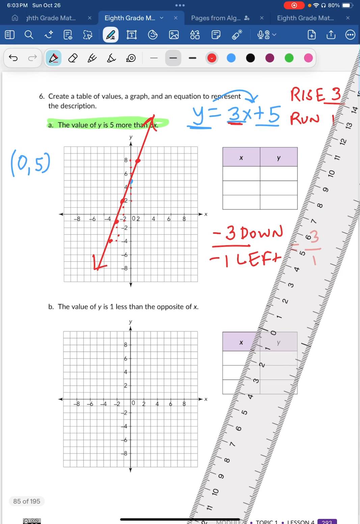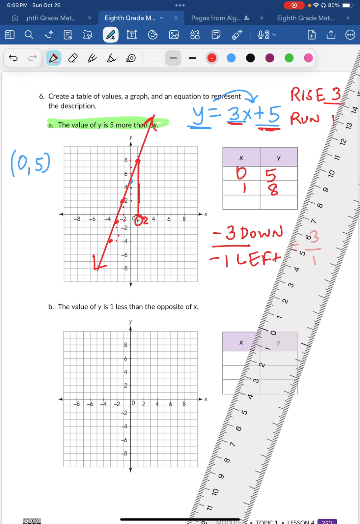Now, how do I make an X and Y table? All I need to do is find 3 of my coordinate points. I already know that 0, 5 is one of them because we graphed our y-intercept. What's another one? Well, it looks like we have 2, 8. I'm sorry, that should be 1, 8.